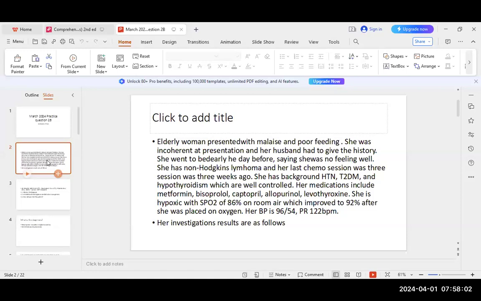And of course, fever is not a sine qua non prerequisite for diagnosing neutropenic sepsis. I also think there could have been other differentials coming to mind in the setting of non-specific symptoms, malaise, poor feeding in a patient with a known malignancy on chemotherapy.